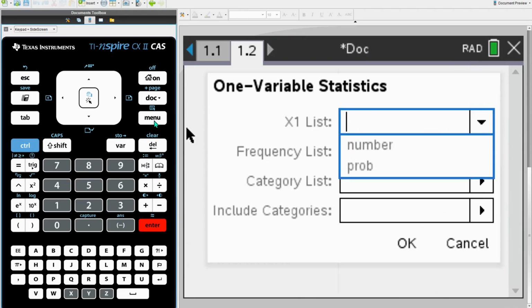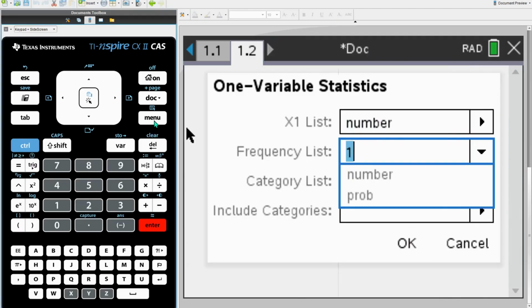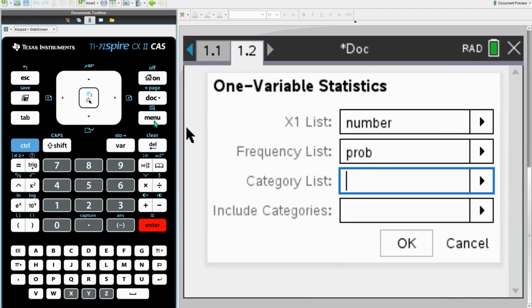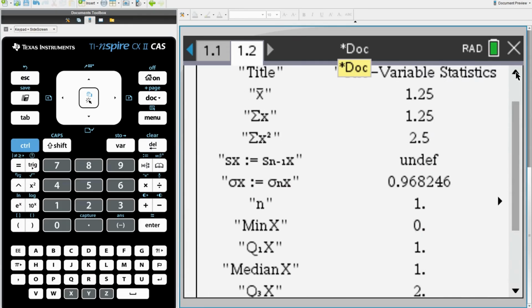That list of data is called number, and the frequency list is the probabilities from the binomial distribution. If we take a look at this, we see that indeed the mean is 1.25 and the standard deviation is just as we said, 0.968.